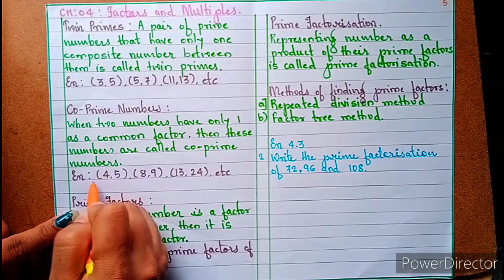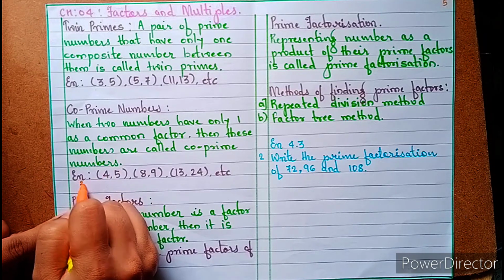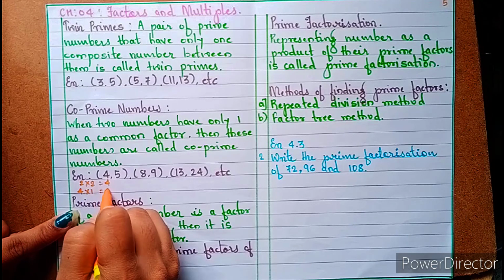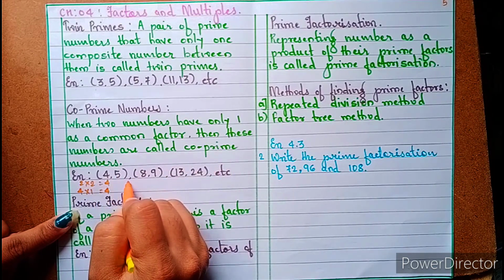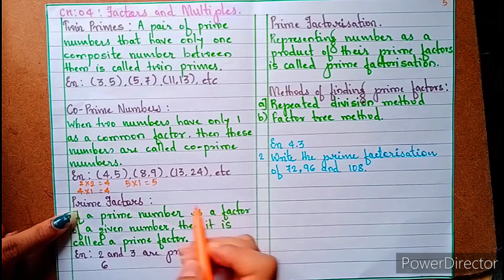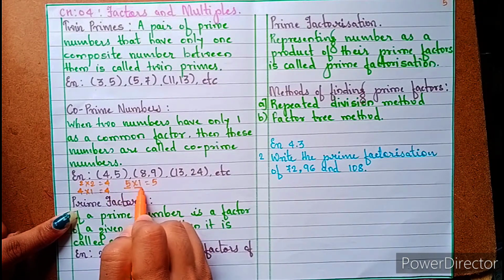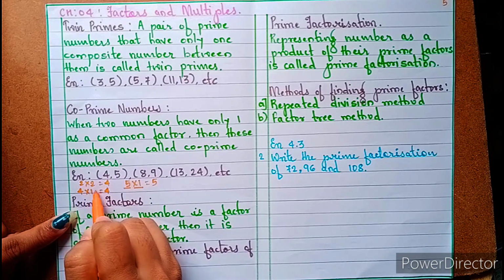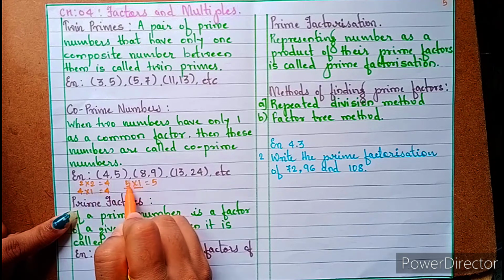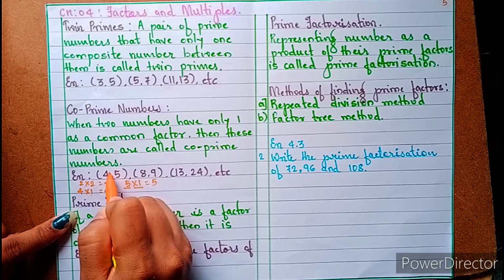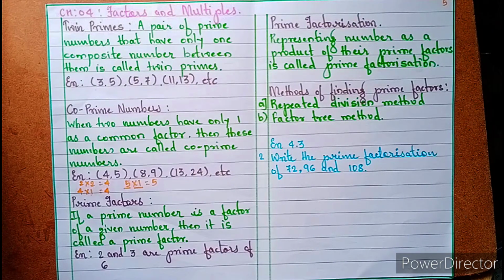Factors of 4 are 2 into 2 equals 4, and 4 into 1 equals 4. Factors of 5 are only 5 into 1 equals 5. So factors of 5 are 5 and 1, and factors of 4 are 2, 4 and 1. Among 2, 4, 1 and 5, 1, we have 1 as a common factor. So such numbers are called co-prime numbers. The numbers which have 1 as a common factor are called co-prime numbers.